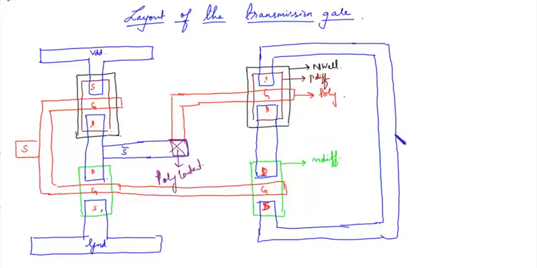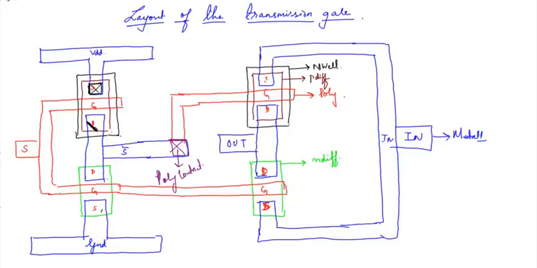So the source gives you the input in. You can say this is your input in. This is your output out. This is your metal 1 layer. Then you have to place the contacts over here.